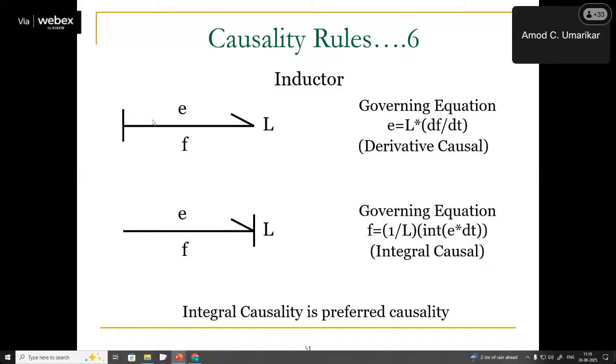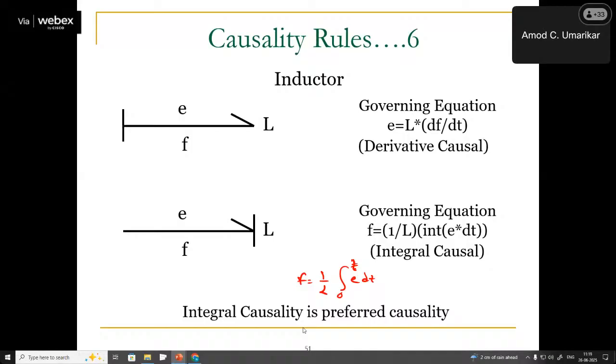This is the governing equation when flow is the cause and effort is the effect. When effort is the cause and flow is the effect, then it is the integral equation, that is F is equal to 1 by L integral of E dt. When we write it like this, F is nothing but 1 by L integral from 0 to T of E dt. Correct? So this will be the equation.